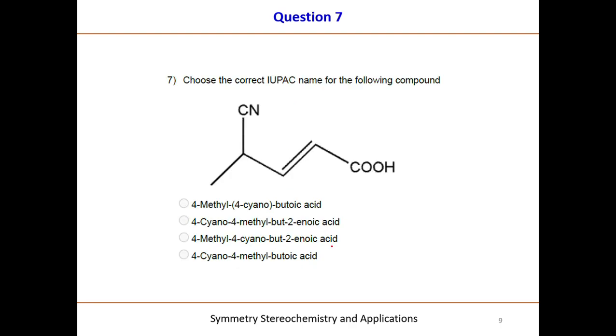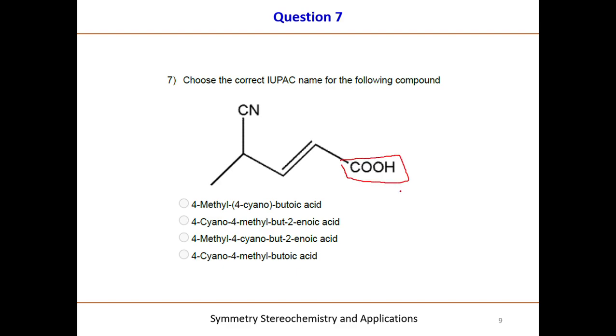Okay. Question number 7. Again you have to find the longest linear carbon chain, that is the parent chain, then the prefix and suffix. Here you can see we have two functional groups, cyano and acid. Between cyano and acid, acid has the highest priority over the cyano group.